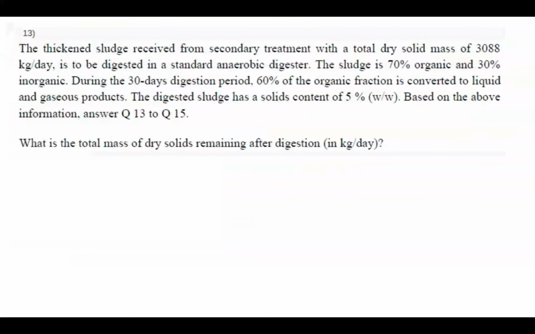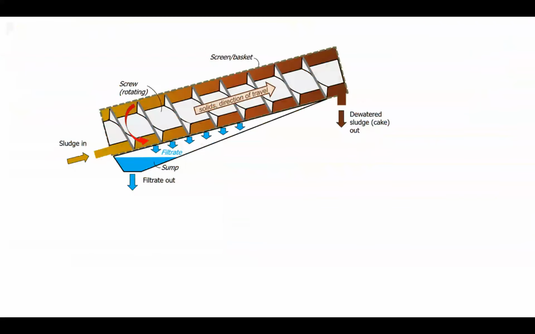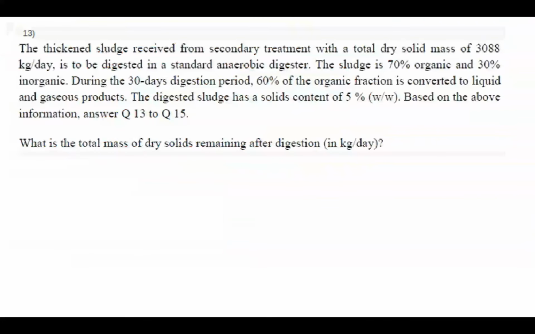Okay, next question. The thickened sludge received from secondary treatment with a total dry solid mass of 3088 kg per day is to be digested in a standard anaerobic digester. The sludge is 70% organic and 30% inorganic.